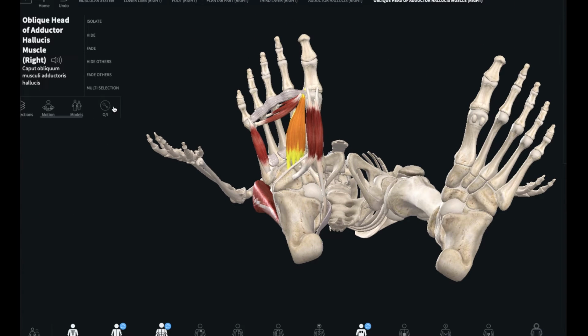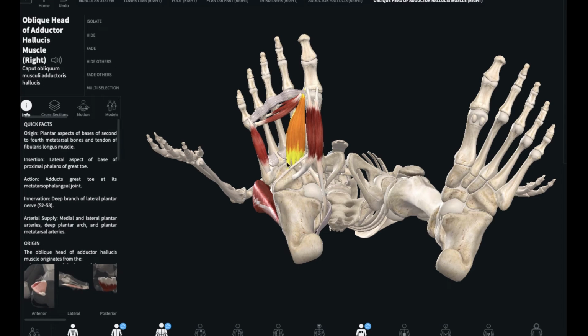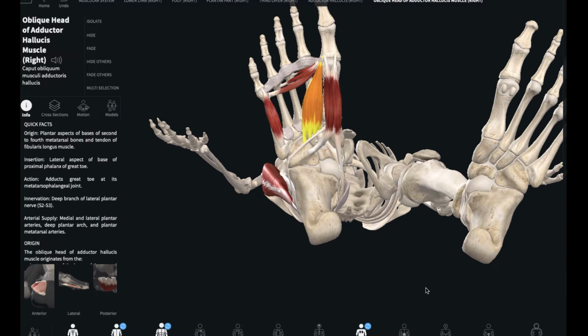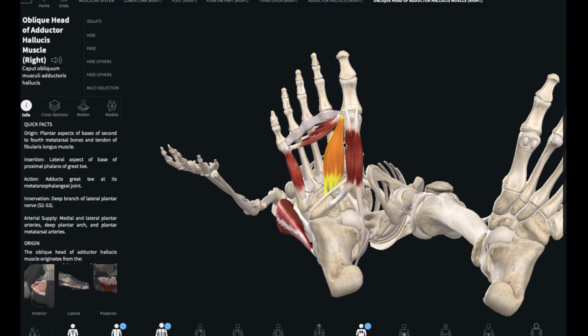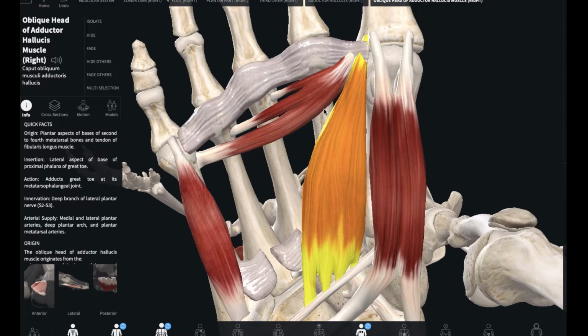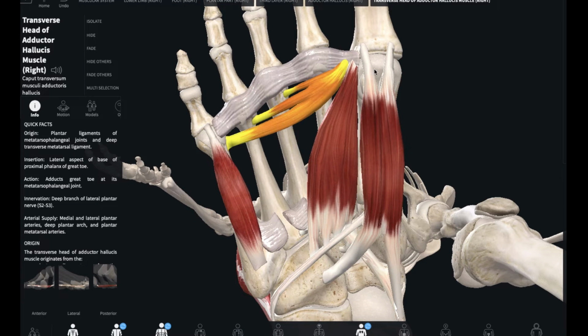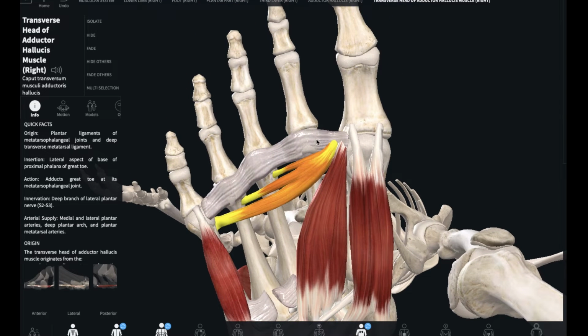And right here is the transverse head, which originates on these transverse ligaments, as well as, for some reason, the plantar ligaments of the metatarsophalangeal joints. And then they both insert to the lateral aspect of the base of the proximal phalanx.